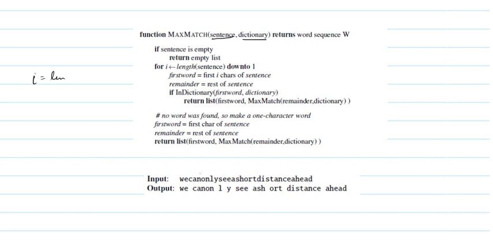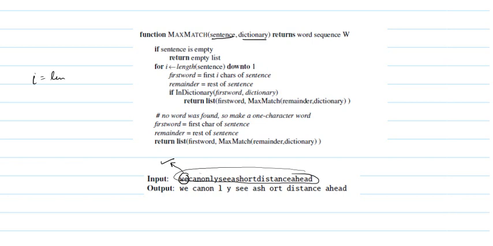So we are reducing the length 1 by 1, and by reducing it 1 by 1 and every time matching the remainder, the largest will get matched. So this whole thing has been given, and then finally we get back to this one. So this will give the largest that matches with the dictionary.